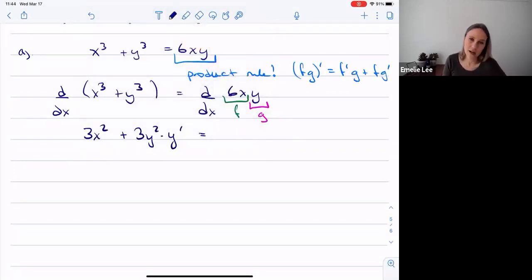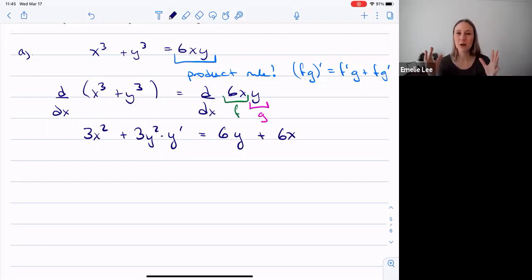Okay, f prime is the derivative of 6x, which is just 6, times g, which is just y, plus f, which is 6x, times g prime, which is just y prime, because the outside function is y to the power of 1, but you don't need to worry about it. It just becomes y prime.